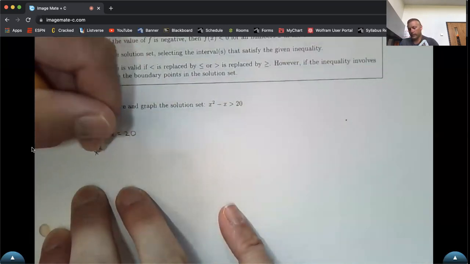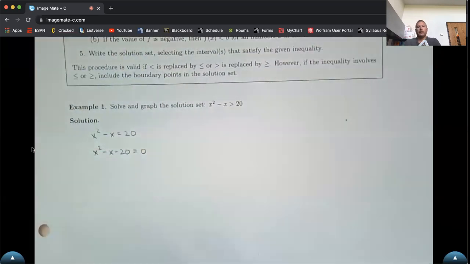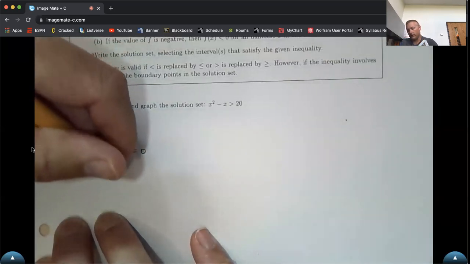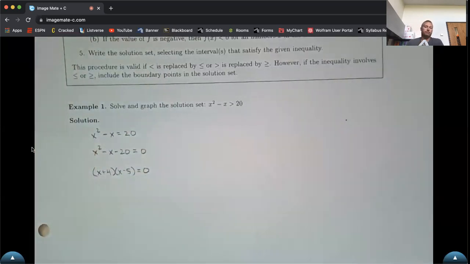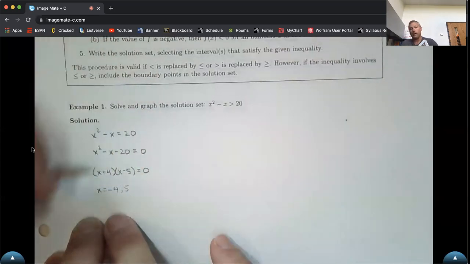Typically when we see this, we like to bring everything over to one side and hopefully it factors. In this case it does. Negative 5 and 4 would multiply to negative 20, but also add to negative 1. So the solutions of this equation are negative 4 and 5.